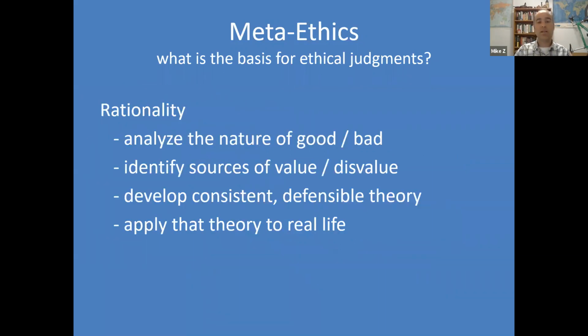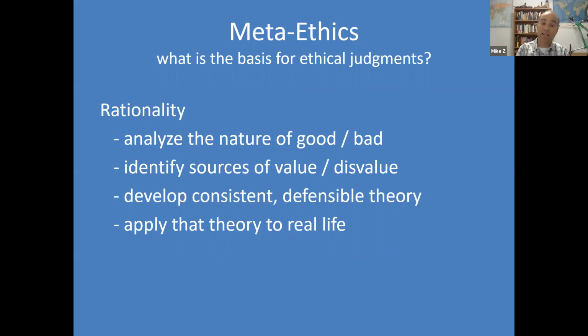Okay, so not surprisingly, philosophers would prefer that we base our system of ethics on rationality. Really thinking through these issues and discussing them with our colleagues and getting a debate going and coming to what we consider to be the most justified basis for ethics. How do we do this?